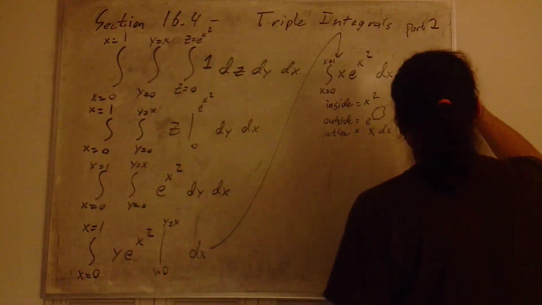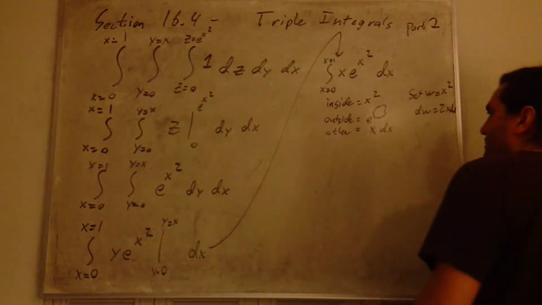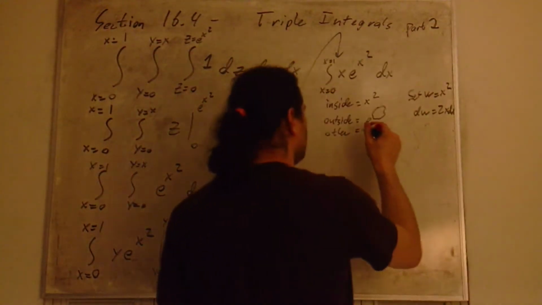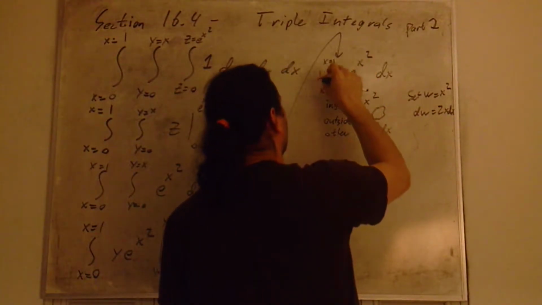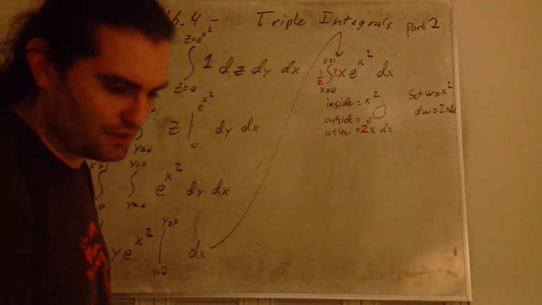So we set w equal to x squared, dw is 2x dx. It's almost a perfect match. I just need a 2 here, which I can get by putting a 1/2 outside. Now the other and the dw match perfectly.